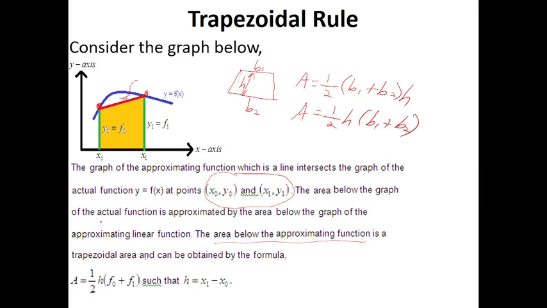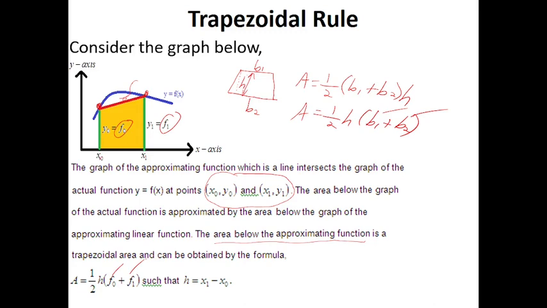So in this illustration, we have b1 and b2, which are two sides that are parallel, and that is f sub 0 and f sub 1 in our illustration. So b1 and b2 becomes f sub 0 and f sub 1.